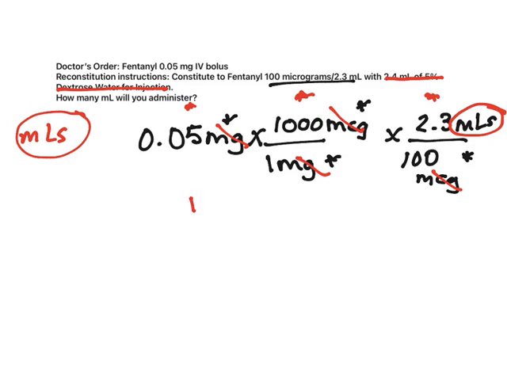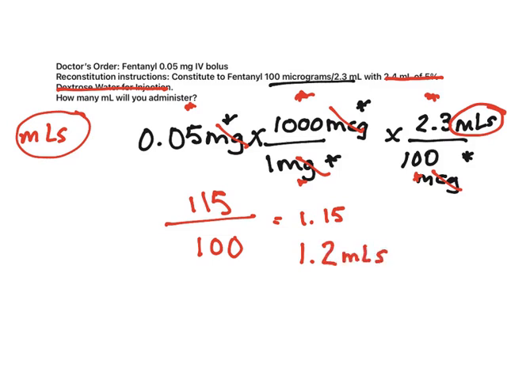So that's going to give us 115. And then we're going to just do 1 times 100, and that's going to just give us 100. So then we're going to divide 115 divided by 100, and that's going to give us 1.15 mLs. So what we're going to do is round that to the nearest tenth, and that's going to give us 1.2 mLs.